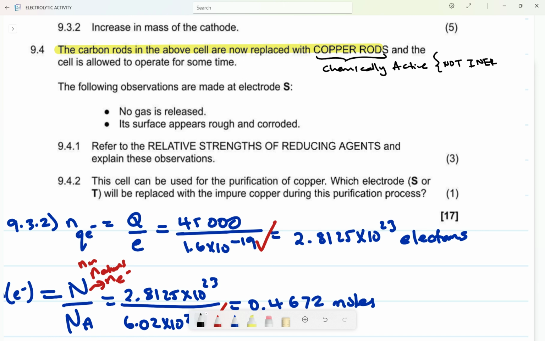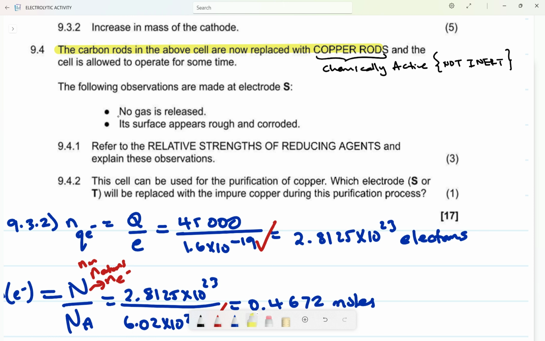So if I have an electrode made of copper, it's going to interfere with the reaction, so it's going to undergo some reduction or oxidation depending on its strength. So it's chemically active, so it's going to be active in the reaction.